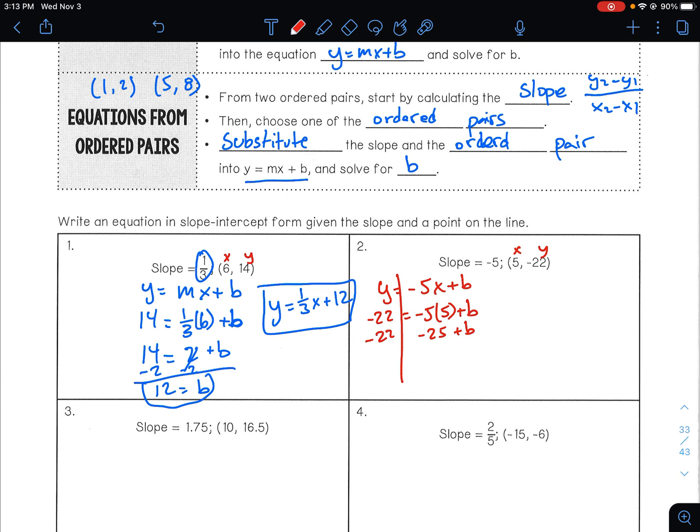And then we have to get rid of this -25 by adding 25. That cancels. -22 plus 25 is +3. So now we have b, and we have the slope, the m. So our equation is y equals our slope, -5x plus 3.